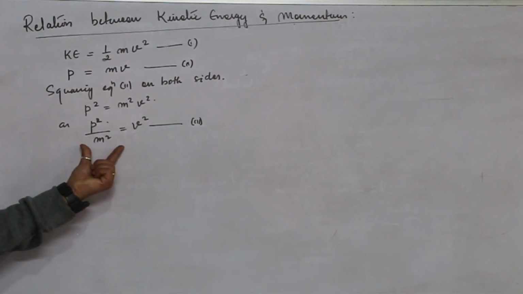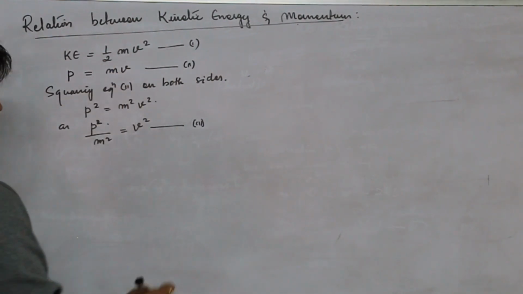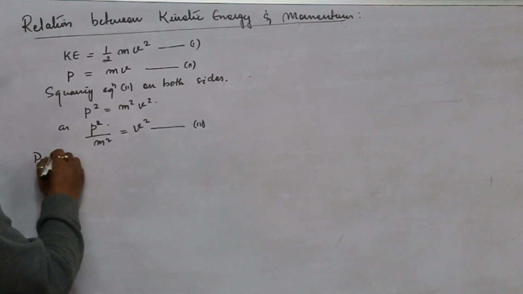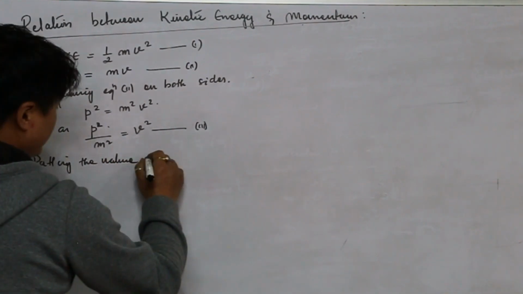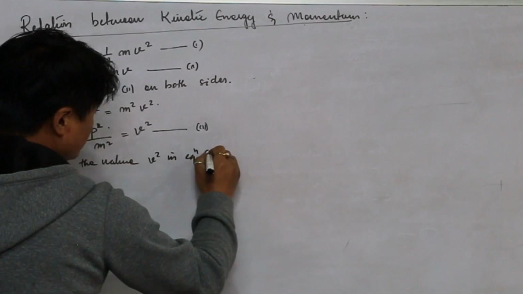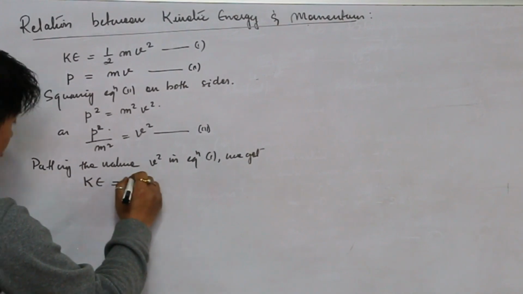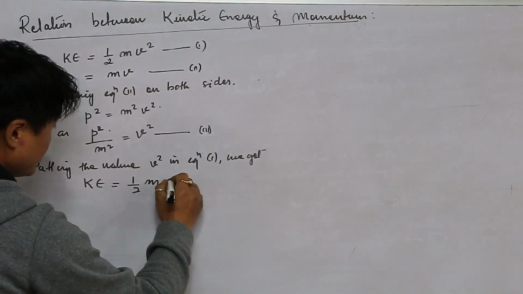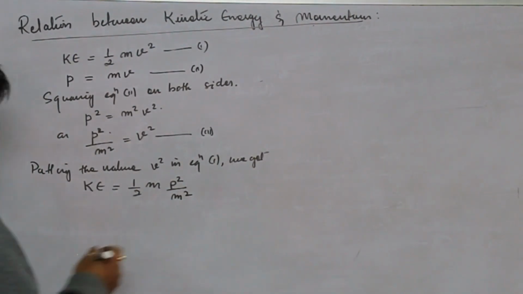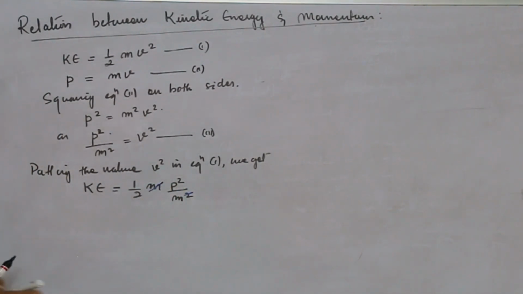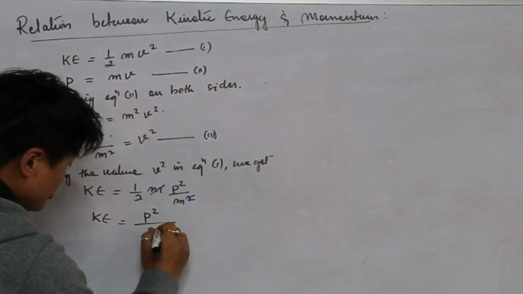If you put the value of v square from equation 3 into equation 1, we get kinetic energy as 1 by 2 m, and v square is p square divided by m square. So from here one m will get cancelled, and kinetic energy will become p square divided by 2m.